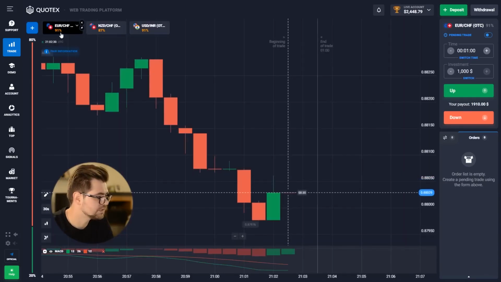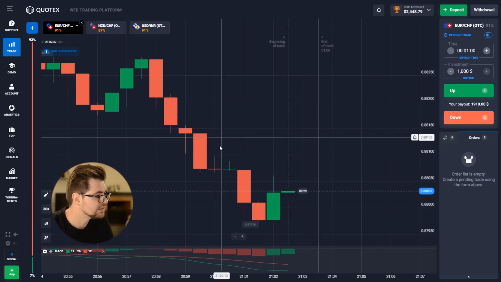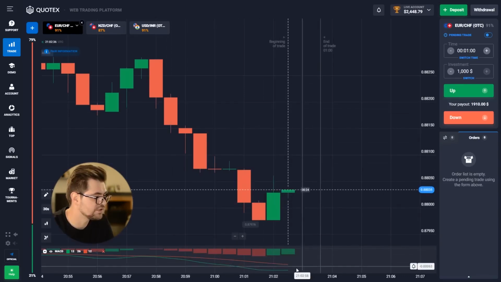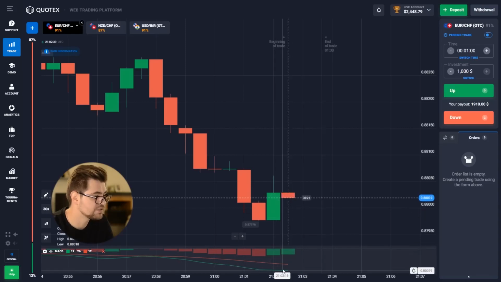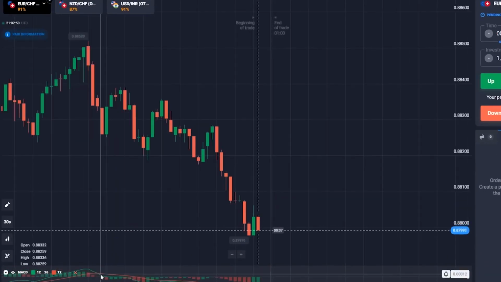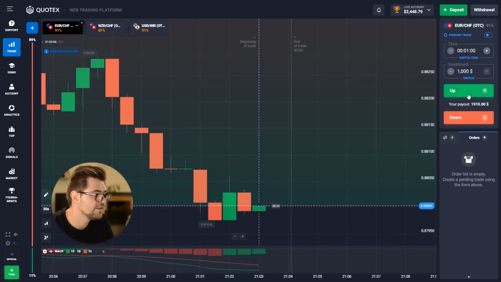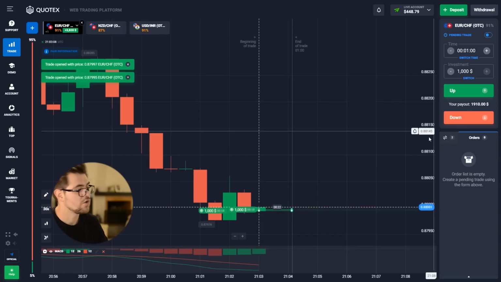Oh, this one here. You see this pattern, the green line is about to cross the orange line, I think. Let's go in here. We're gonna go with 2 call options.